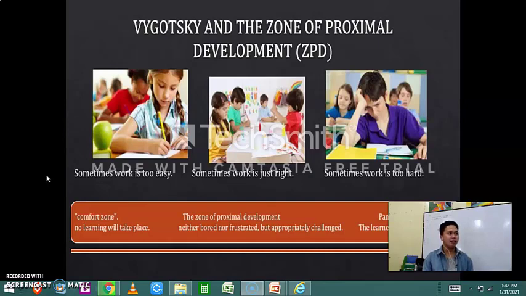And then the activities are only focusing doon sa alphabet. So, parang hindi na challenge yung bata. Kapag hindi na challenge yung bata, walang magagawang learning. So parang mag-stagnant lang siya doon sa specific learning niya, doon sa alphabet.